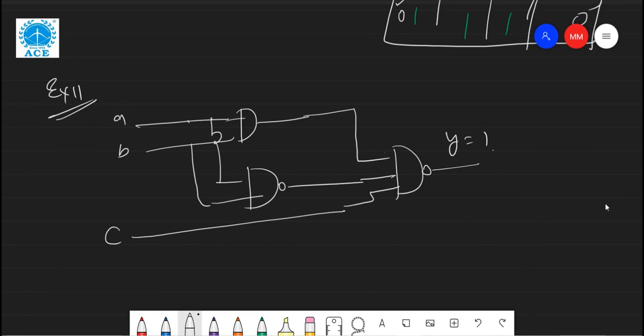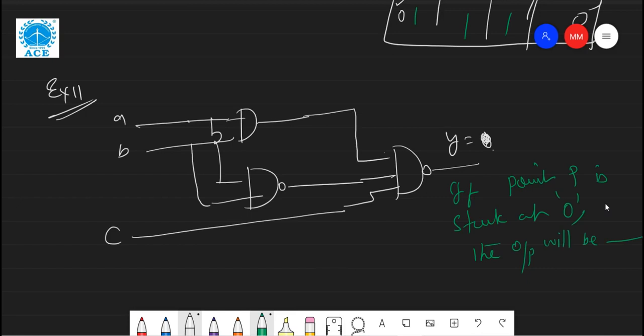We'll check the output. What is the output, right? The question is, if point P is stuck at 0, then the output will be dash.